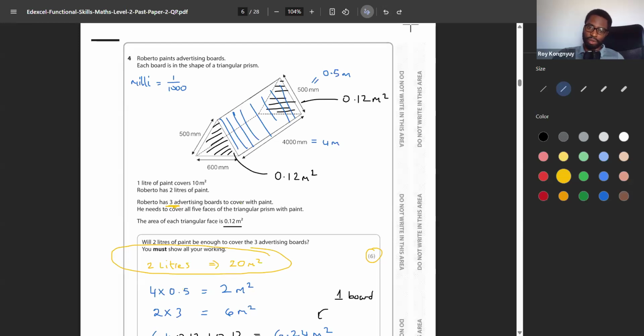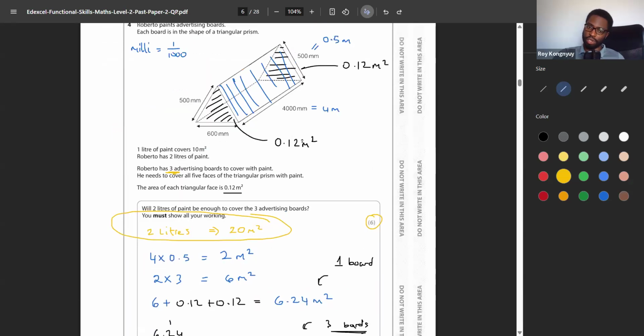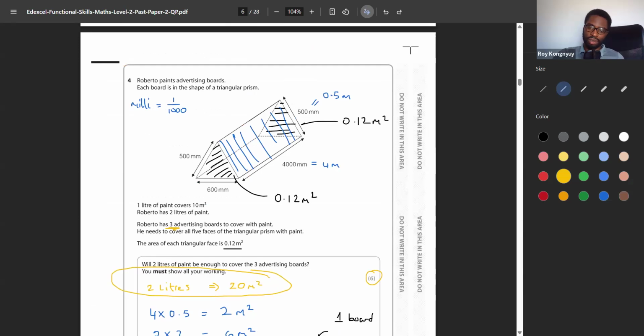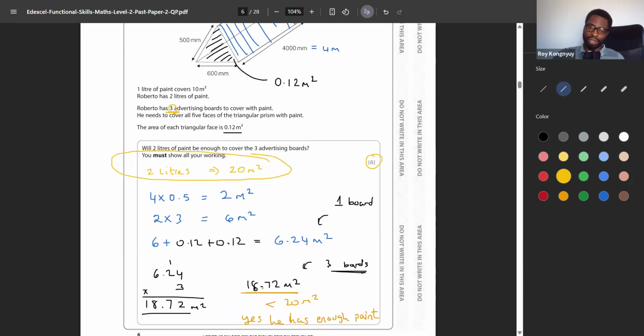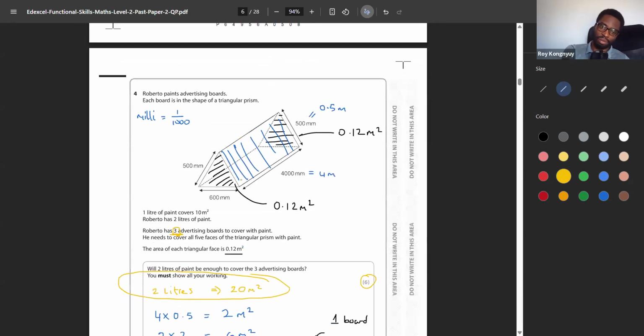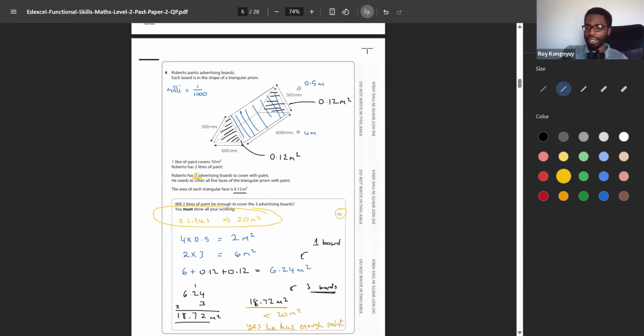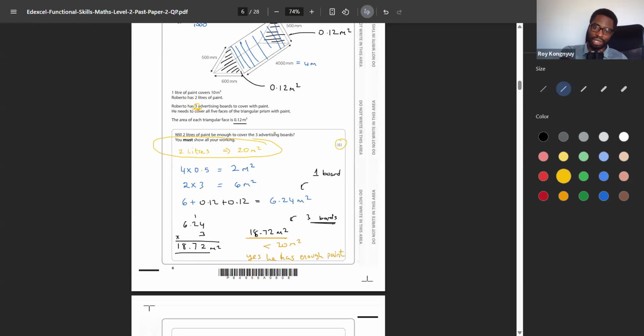Then we added on the triangular faces to get 6.24. Then we multiplied that by 3 because there's 3 advertising boards. We got 18.72, which is less than the paint that he has. And so, yes, he has enough paint. Many, many steps. That is it. We are done. This is really all there is to it.